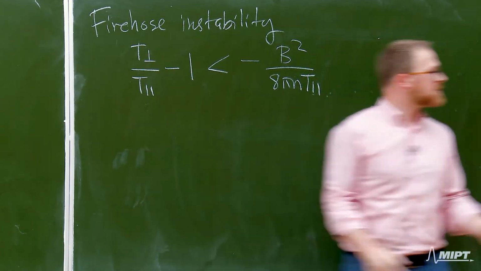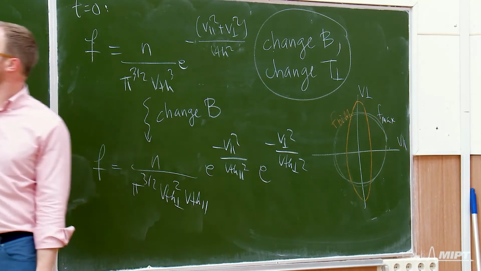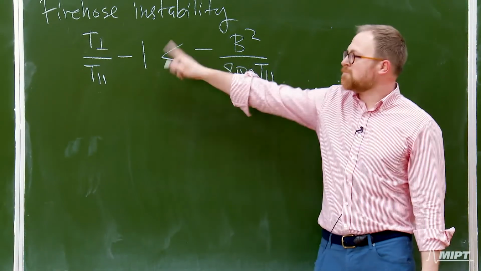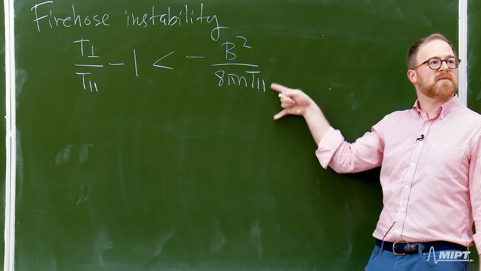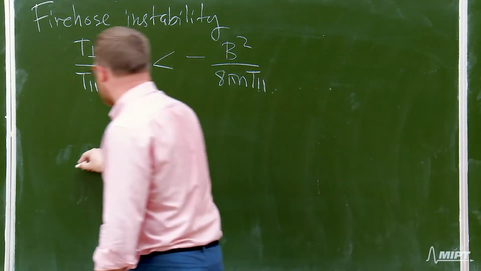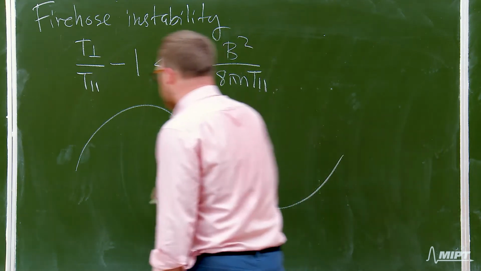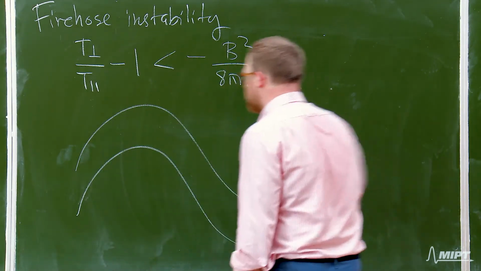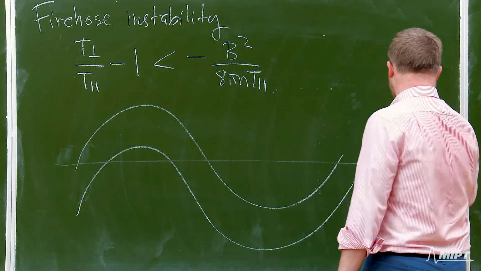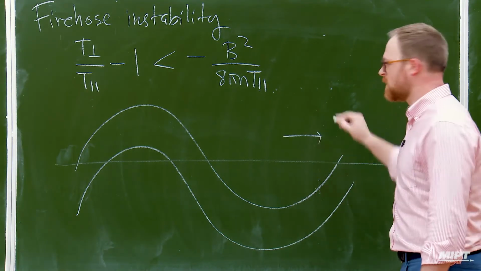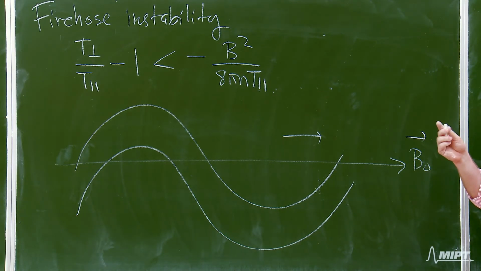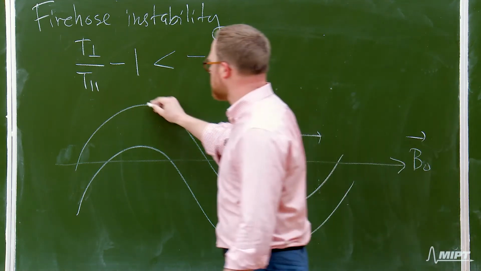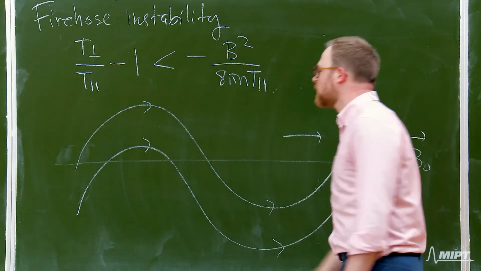If there's any difference in this ellipse, and if that difference in magnitude is bigger than something that relates to the magnetic pressure and the thermal pressure, like the plasma beta, and if you try to propagate an Alfvén wave into this system, it's not going to propagate. It's going to explode. This thing is going to go unstable.